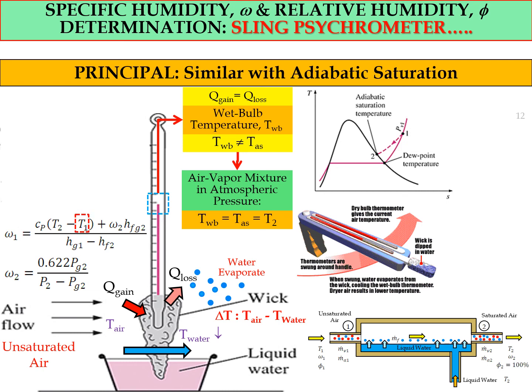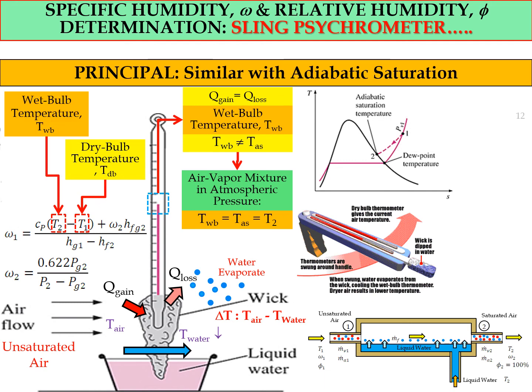So from this equation, we know that T1 is actually the dry bulb temperature and T2 is the wet bulb temperature, and both of these temperatures we can measure by using this sling psychrometer. As you can see, we have the wet bulb temperature and also the dry bulb temperature. So from this device alone, we can measure the specific humidity of the environment without using a complicated device, which is the adiabatic saturation process device.